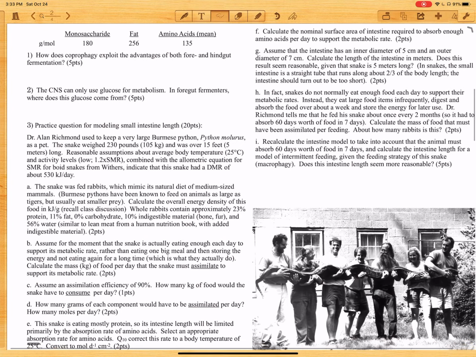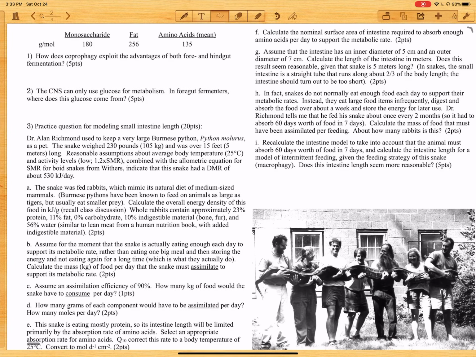Okay, here's the question, number 3, the modeling question for the small intestine design. The first part of the question, A, is to calculate the overall energy density of the food, assuming that we have to satisfy a DMR of 530 kilojoules per day.